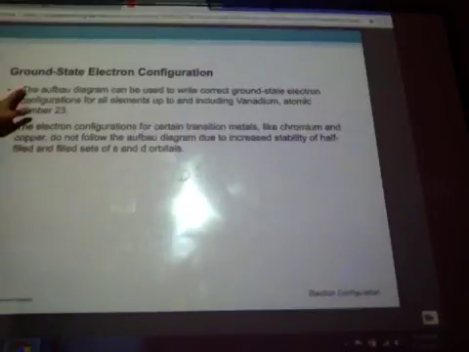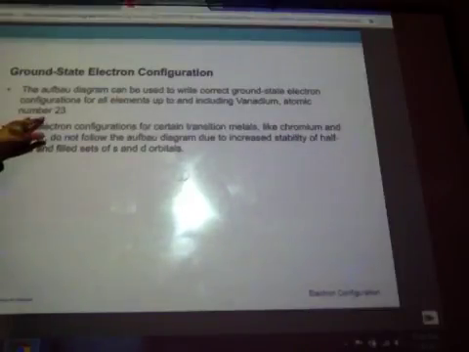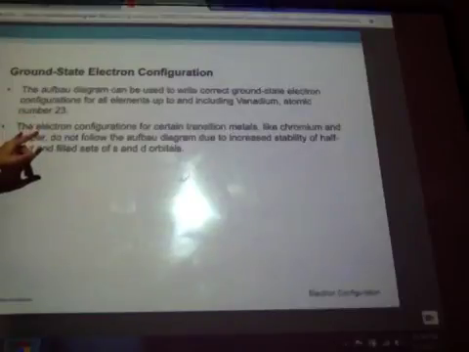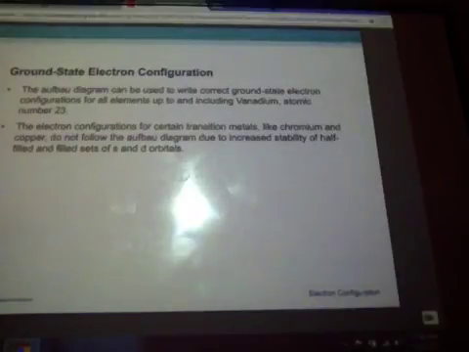So the Aufbau diagram can be used to write ground state electron configurations for all elements up to atomic number 23. When we get to certain transition metals, I don't expect you to memorize any of them, but I expect you to know that this happens.